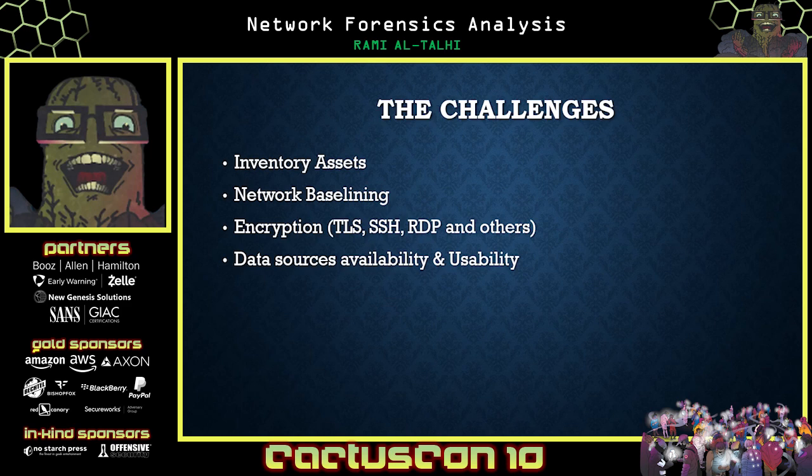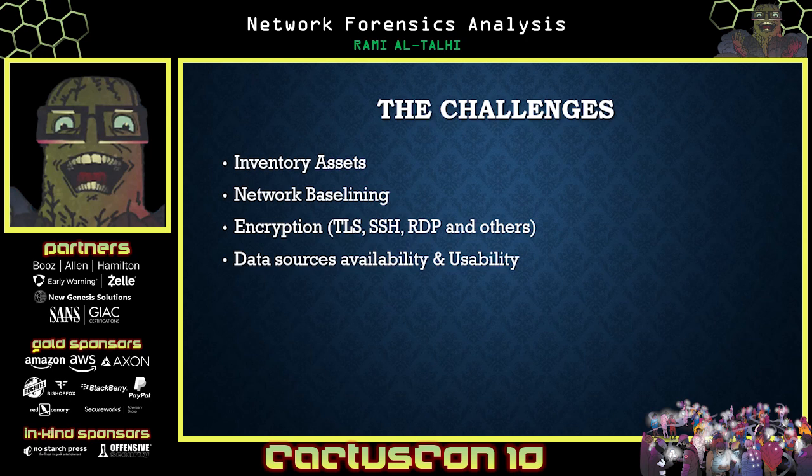So if we don't know the assets that we have, then we don't know what to protect and what to monitor as well. The second thing is network baselining. Baselining here means we need to understand our network very well, especially in terms of throughput, also the protocols being used, and a couple of statistics that we have, and we will see an example in the next slide.